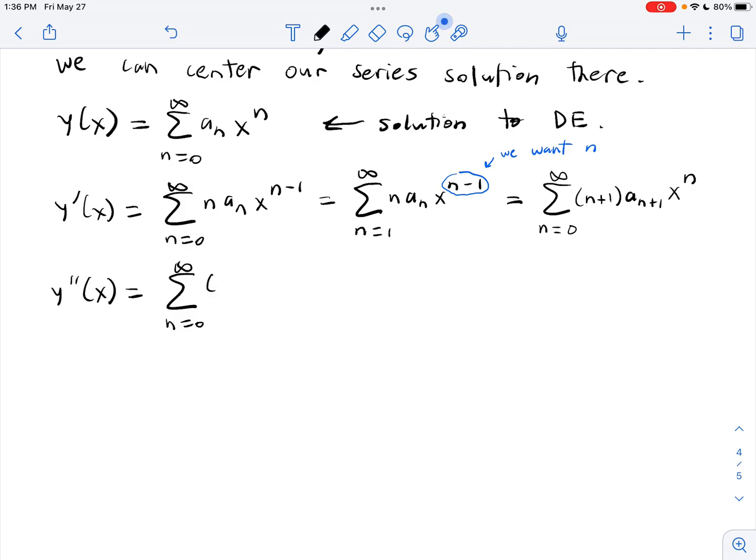Let me write the n first, okay? So we have n times n plus 1, and then we have a sub n plus 1 x to the n minus 1, because we had to subtract 1 from the power. And again, notice that if you plug in n equals 0 into this, the first term is 0, so we can actually start our series at 1.